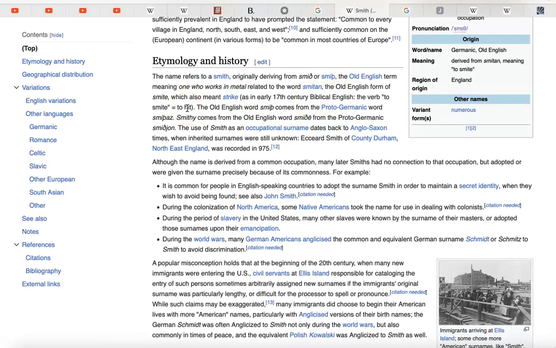Kind of like what Jack does to Halloran with that axe. The Old English word smit comes from the Proto-Germanic word, oh dear, I don't know how I'm going to pronounce that. Smithy comes from the Old English word smide, from the Proto-Germanic, I can't pronounce this anymore. The use of Smith as an occupational surname dates back to the Anglo-Saxon times, when inherited surnames were still unknown. Okay, cool.